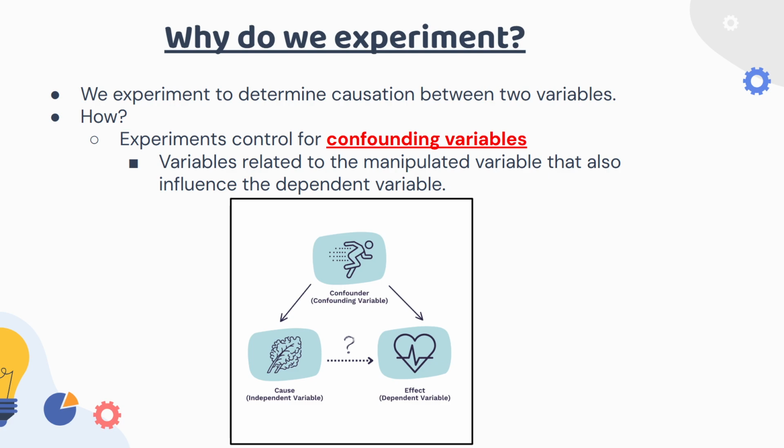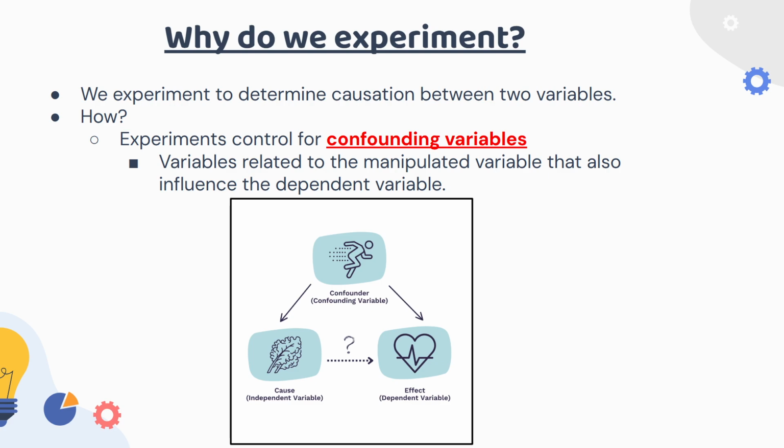We experiment, like I said, to determine causation between two variables. Observational studies do not infer causation because they introduce confounding. Experiments control for confounding variables, which are variables related to the manipulated variable that also influence the dependent variable. In an experiment, you minimize these variables so that you can attribute the response variable to the manipulated variable.